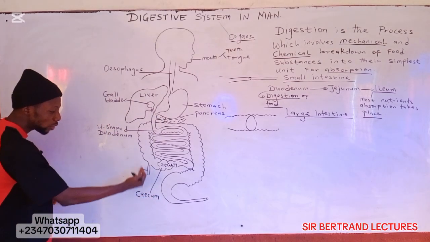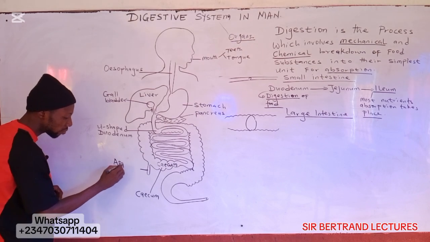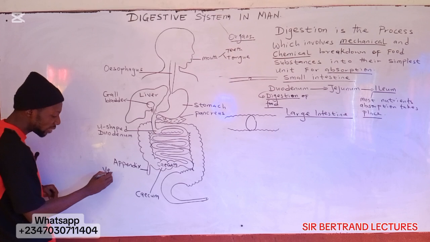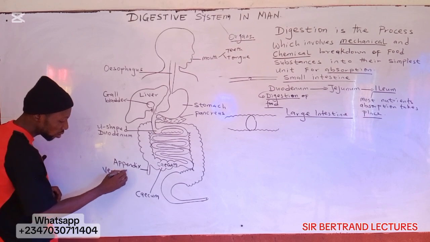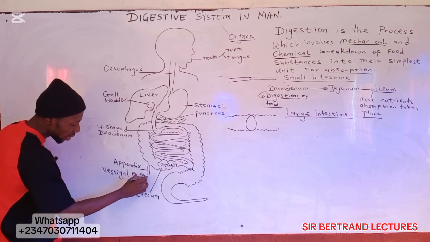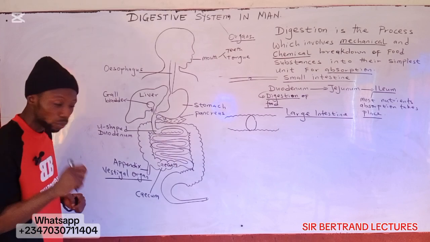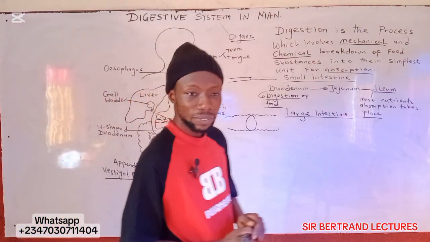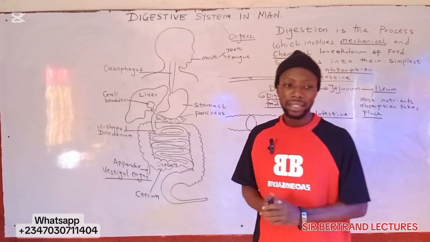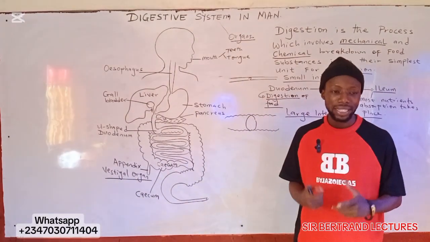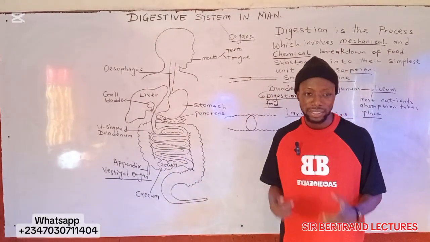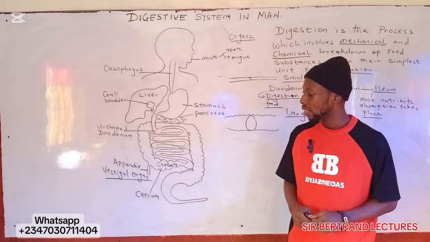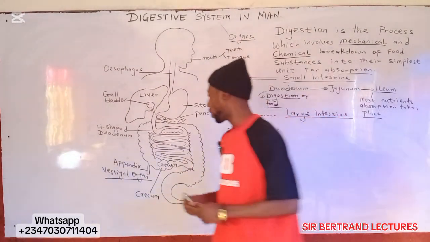Then the cecum is joined with the appendix. The appendix here is a vestigial organ in man. We have this in JAMB past question. Why do we classify it as a vestigial organ? It's an organ that has no function in the body. It's a useless organ. That's why it is described as a vestigial organ.